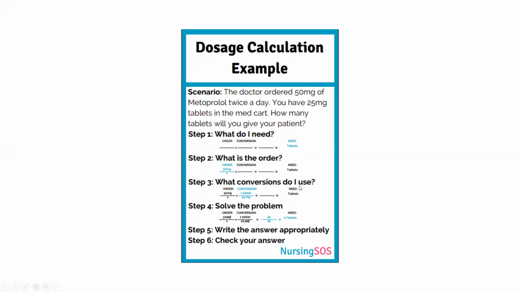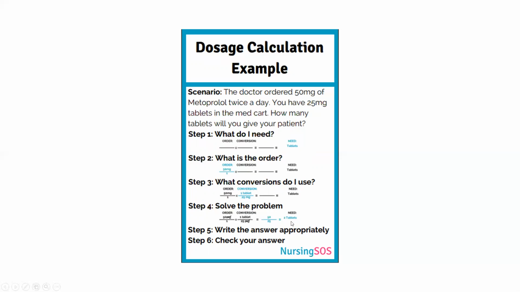What conversion do I need? It's milligrams and milligrams, so there's really no conversion. And then it's solve the problem. I need 50 milligrams, but I don't know how many tablets I need, say X. So it's 50 over X. And then what do I have? I have 25 is 1.